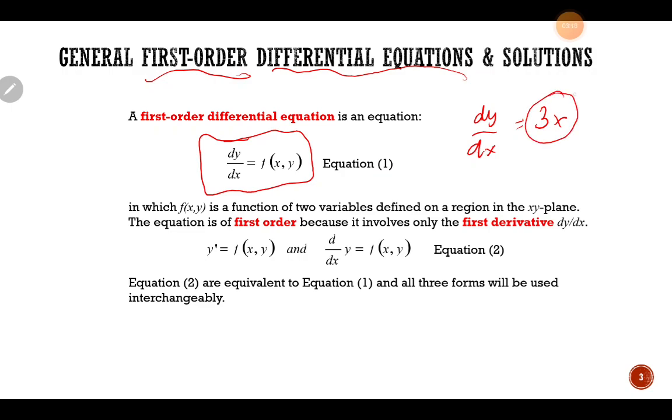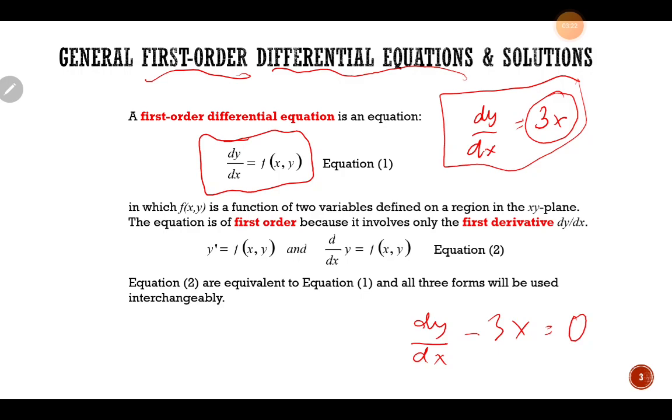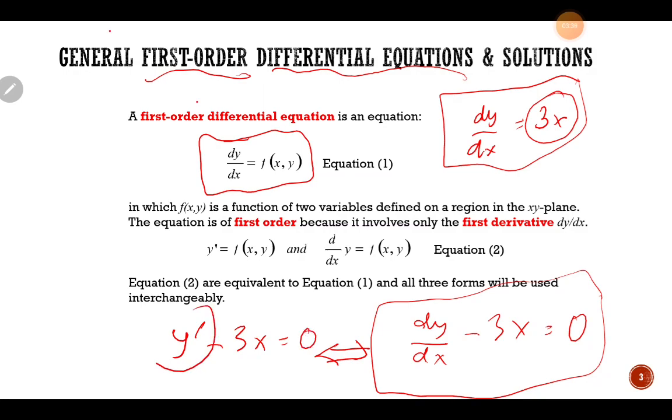So this equation we may consider as a differential equation, or you boleh ubah dia jadi dy/dx minus 3x equals 0. So semua orang faham sekarang what it means by differential equation. Ataupun yang ni kita boleh juga tulis dia sebagai y prime, kan. Semua orang faham kan, y prime now corresponds to dy over dx, y prime minus 3x.